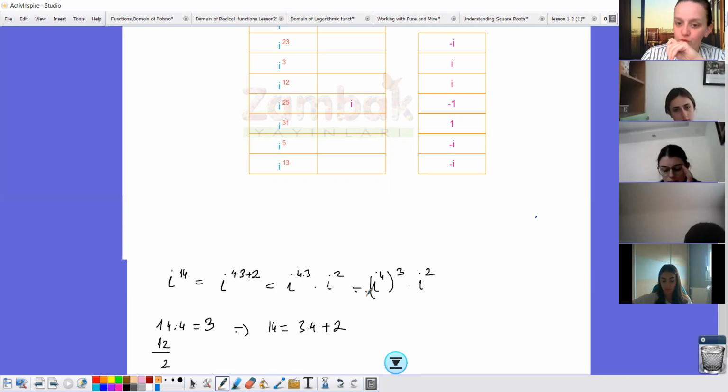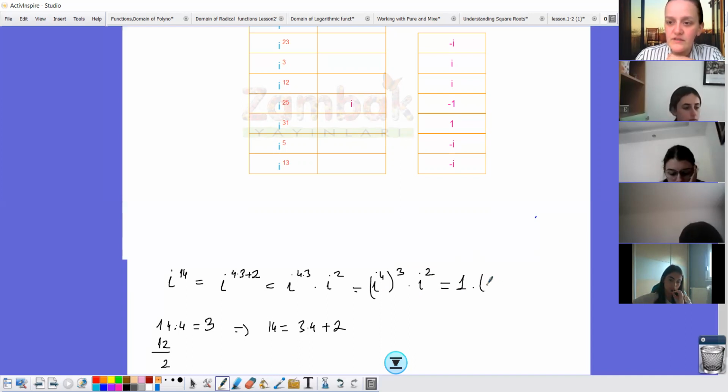So 1 cubed is 1 again. What is i squared? We said i squared is minus 1. So 1 times minus 1 is minus 1. So i to the power of 14 will be minus 1.